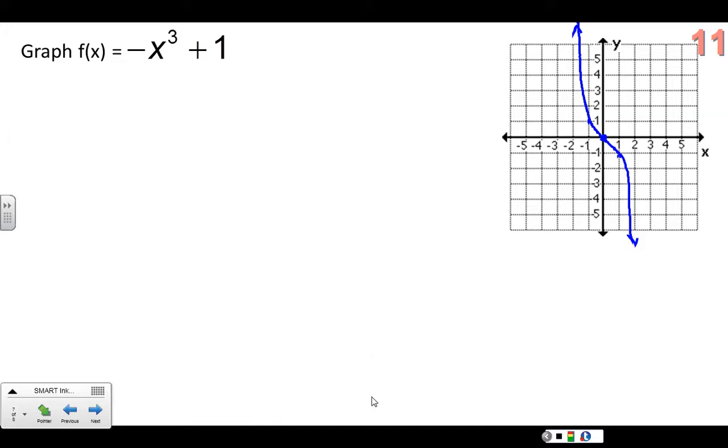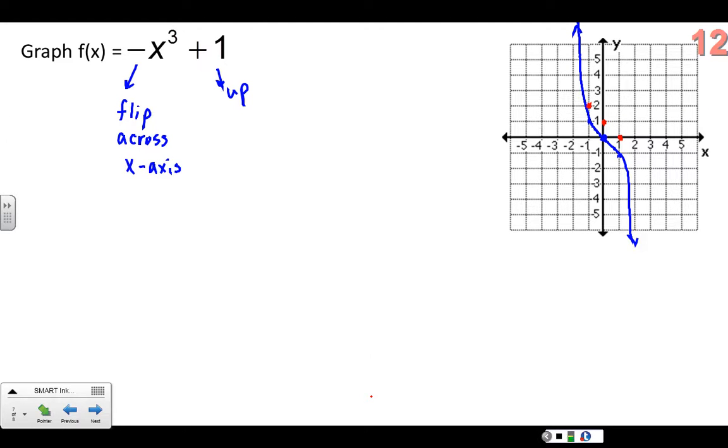We're going to flip across the x-axis here when the function has been negated. And then the plus 1, we know that's going to shift everything up 1. So let's move all of our points up 1 unit. Using red, we're going to move everything up 1.